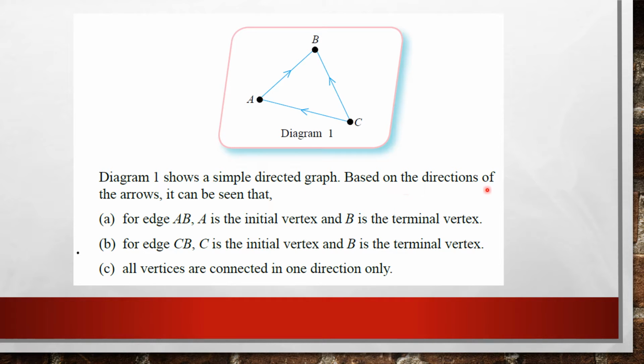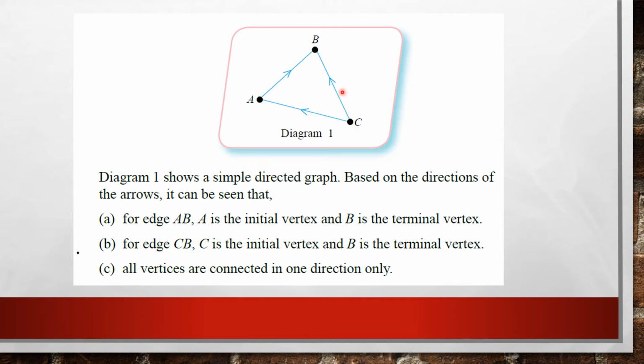Based on the direction of the arrows, it can be seen that for edge AB, the line that connects vertex A and vertex B, A is the initial vertex and B is the terminal vertex. That means A is the starting point and B is the ending point. So A, we label it as the initial vertex and B, we call it the terminal vertex.